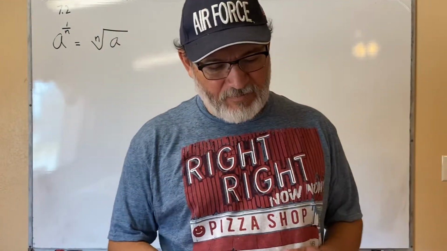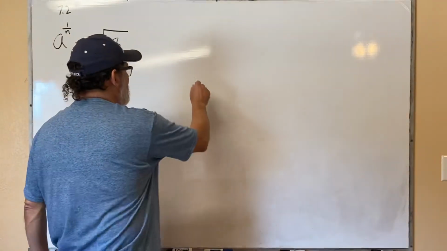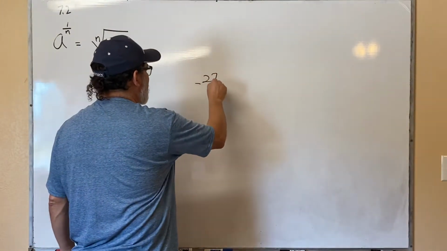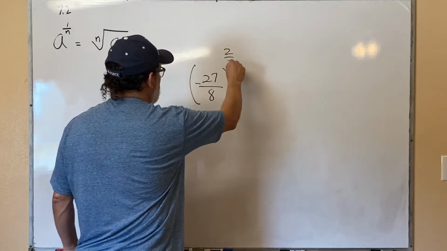Watch this. The negative 27 over 8 raised to the 2/3.